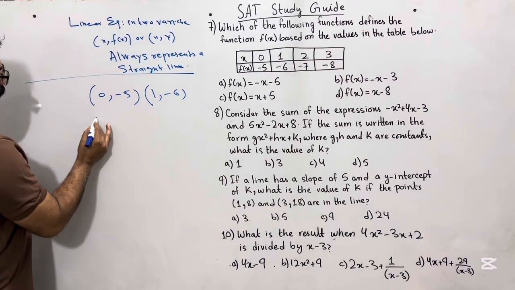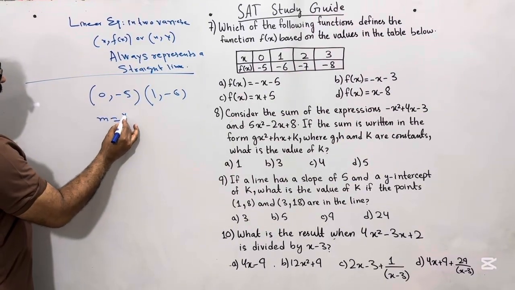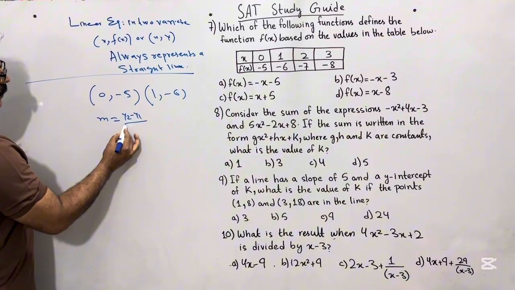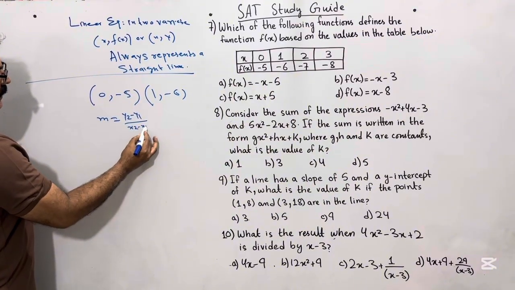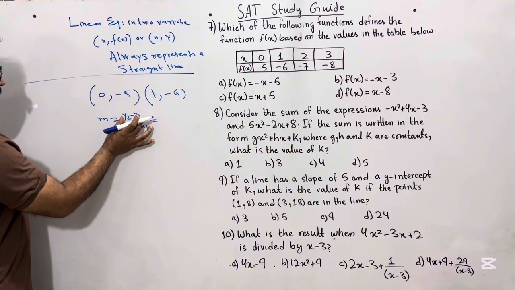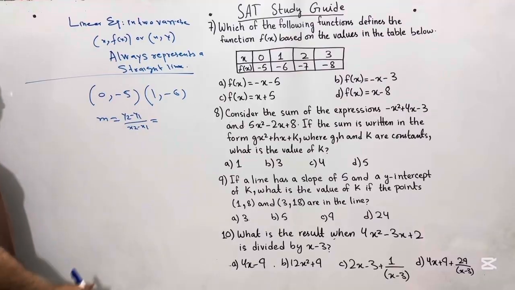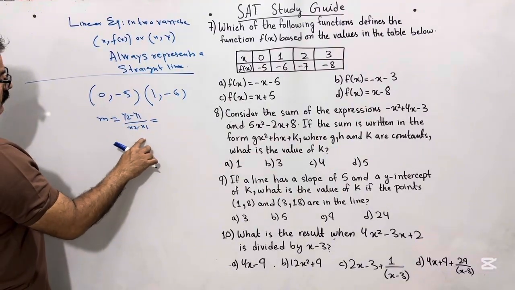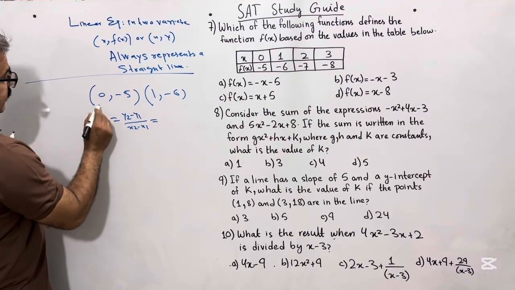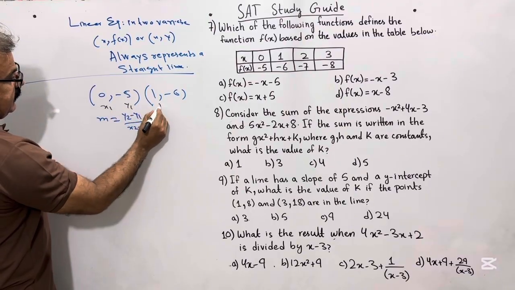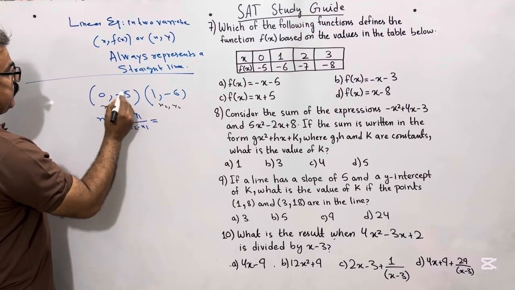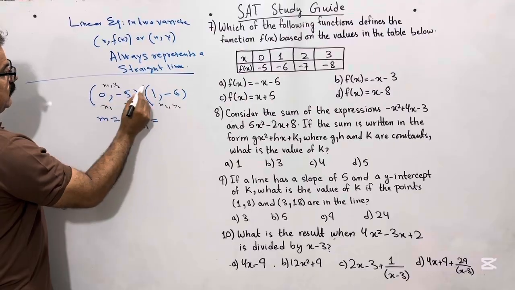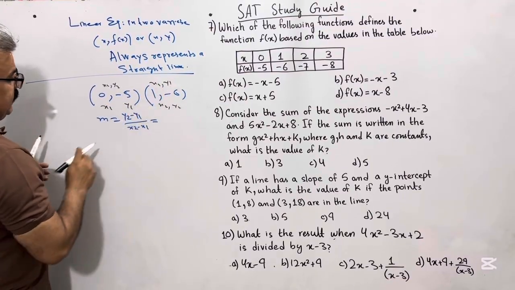The gradient, when 2 points are given, is the difference of ordinates divided by the difference of abscissas: y2 minus y1 over x2 minus x1. Name them x1, y1, x2, y2; it is up to you, and it makes no difference.